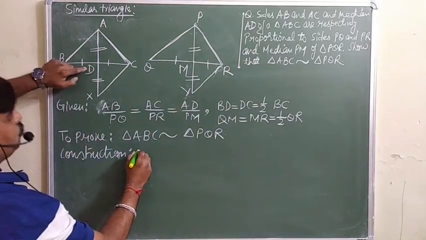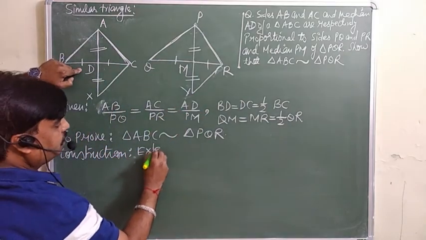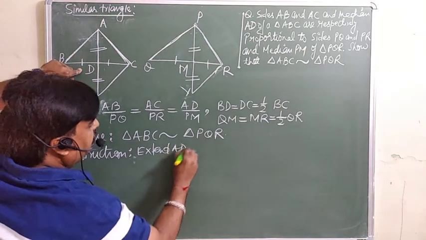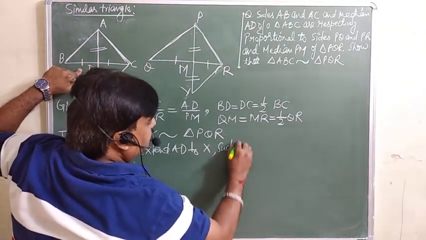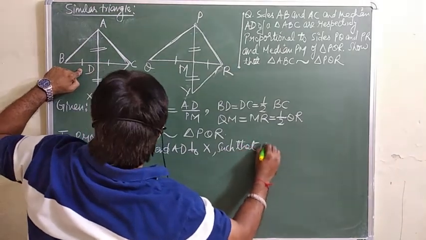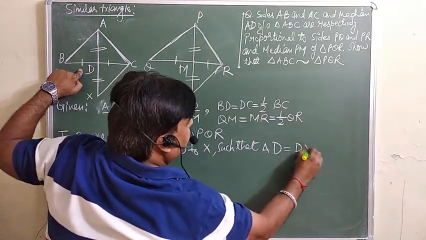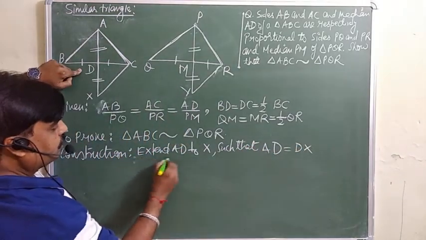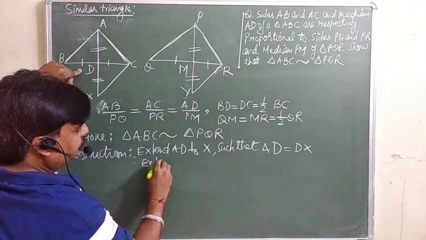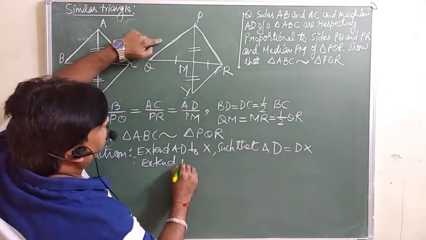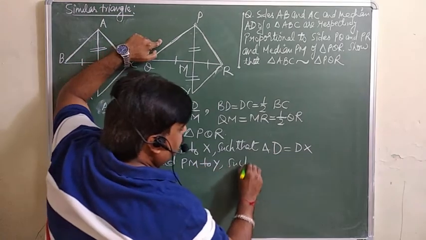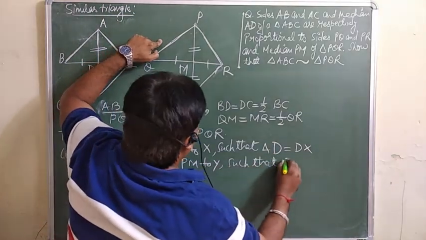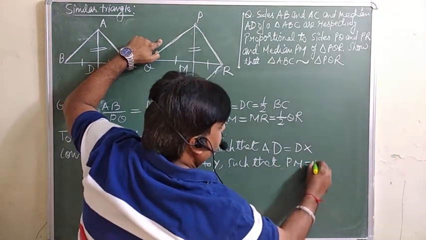So we are going to write down here: extend AD to X such that AD is equal to DX. That we are doing in the construction. Similarly, we extend PM to Y such that PM is equal to MY.